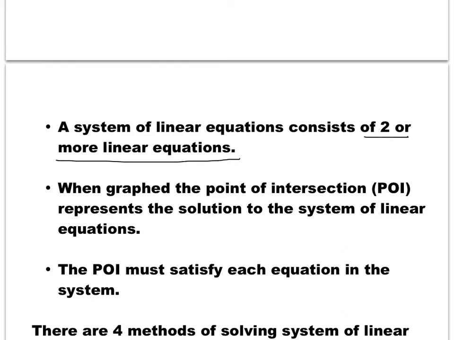Remember, linear equations are the ones where the variables x and y, for instance, all have a maximum exponent of 1. Something like y equals 3x minus 2 or y is equal to 2 and so forth.